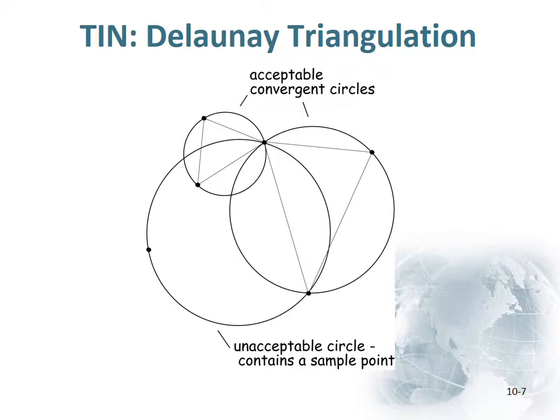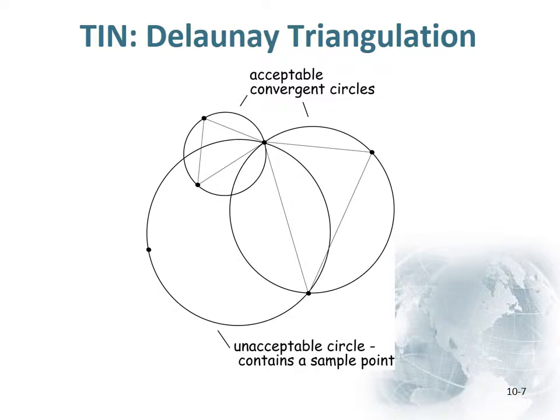So it has to contain only 3 points on its perimeter. It cannot contain more than that within itself. So each circle here is connected to only 3 point locations.